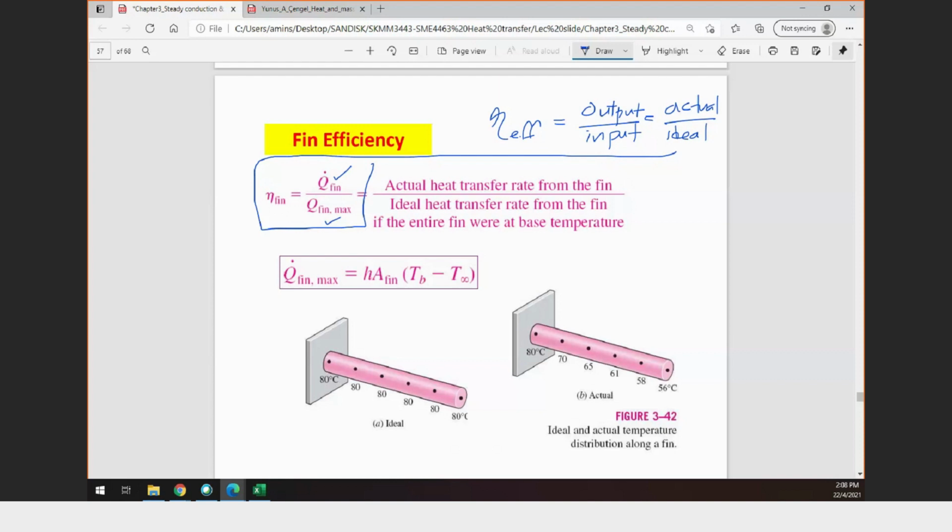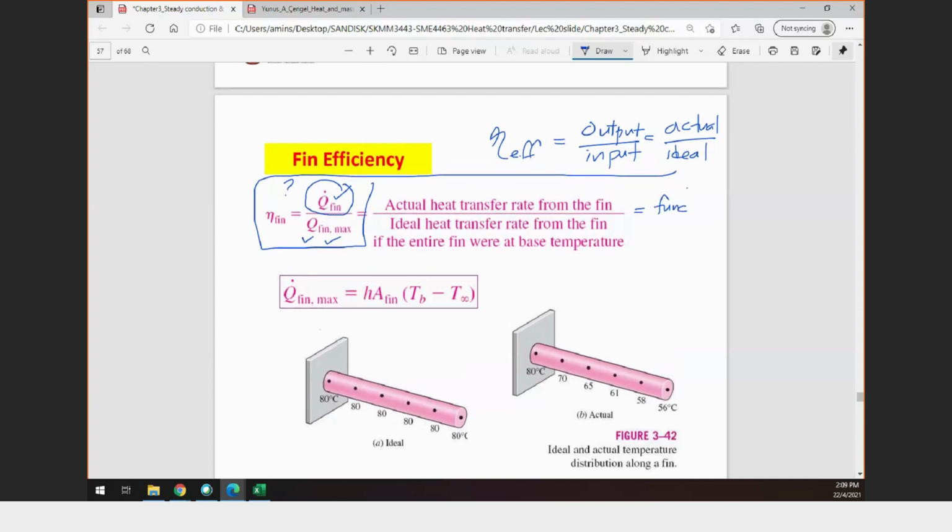But in most cases we don't know the actual fin heat transfer. We can calculate the fin maximum, and we can calculate the fin efficiency based on the geometry of the fin. Normally, fin efficiency is a function of fin geometry.